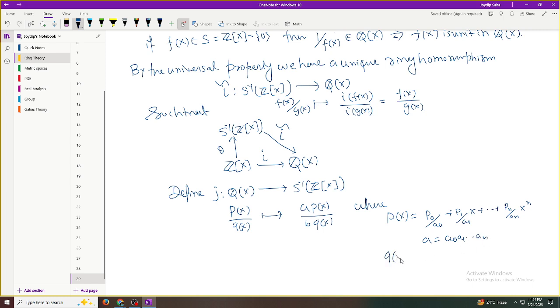And Q(x) I write, so I should write here b by a. Q(x) equals q0 by b0 plus, up to, qm by bm x to the power m, then b equals the product.